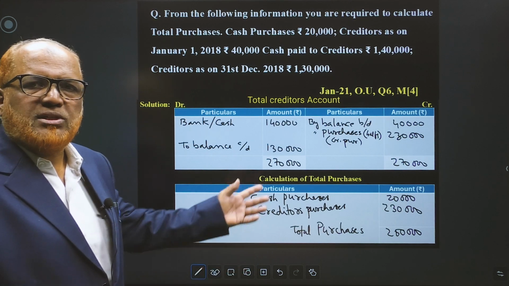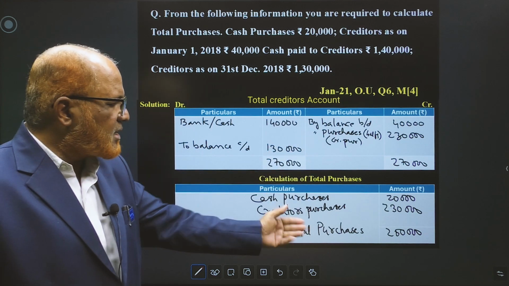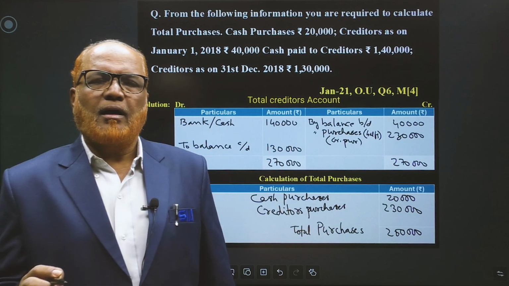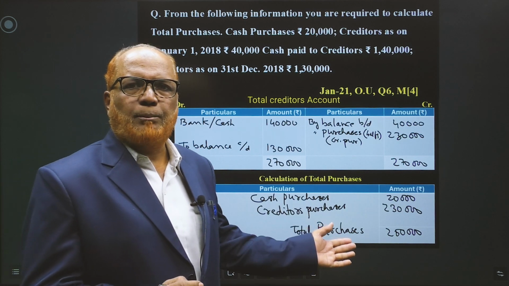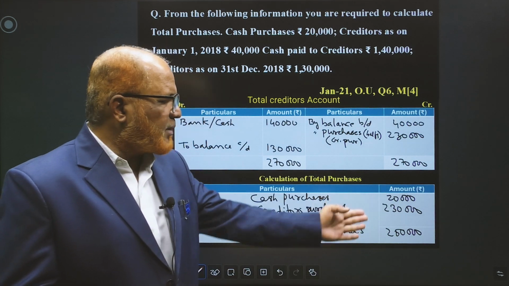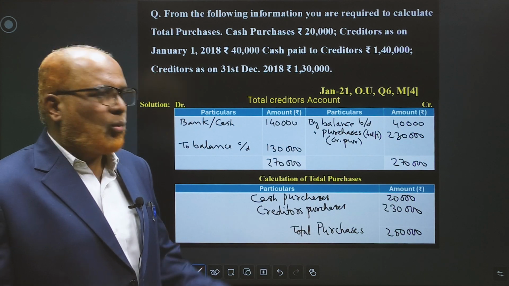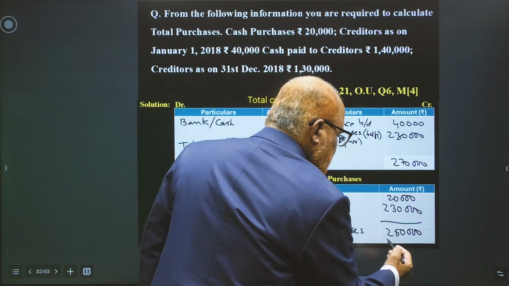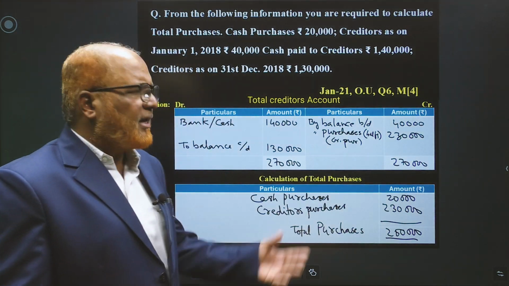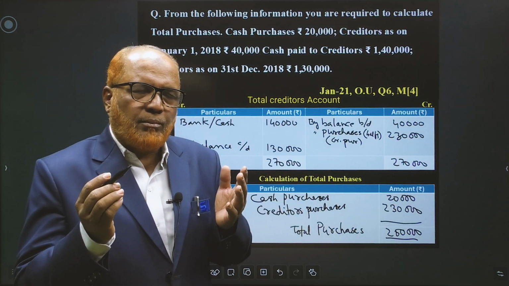We have calculated total purchases in 2 steps. First step, finding out the credit purchases. Second step, total purchases. So in this problem, I explained how to find out the total purchases: cash purchases plus credit purchases. What I have done here, a table I have drawn where separately I have added up cash purchases and credit purchases. But instead of making the table, simply you can make an equation. You can make a formula.